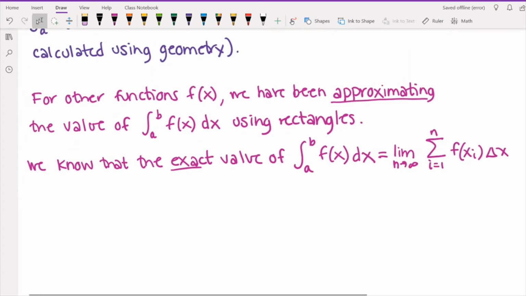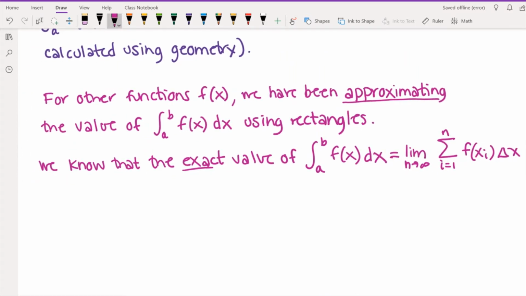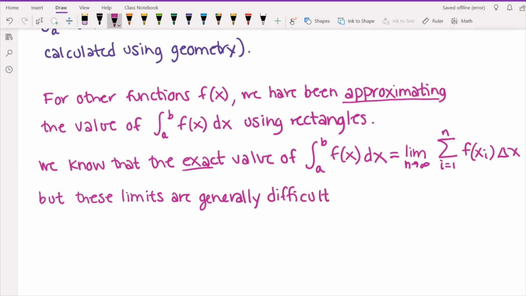But anyway, I just wanted to say that it is possible to find the exact area using these limits. We just haven't really done it. And generally speaking, it is not very easy. So I'll just say that these limits are generally rather difficult to compute.